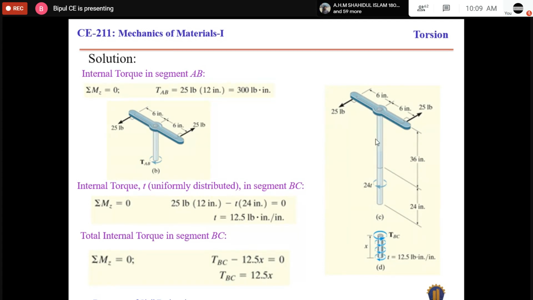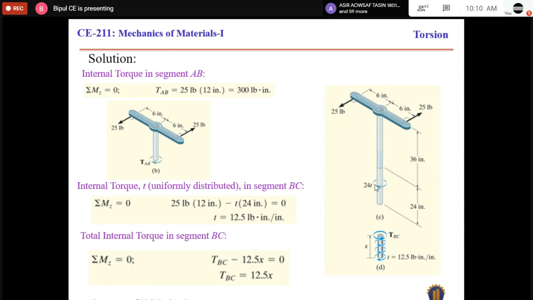If we consider the free body diagram of the whole assembly, the post with the torque wrench, it will be similar to figure C. Here this is the applied torque, and the buried length is 24 inches. If we assume a uniformly distributed torque t, the total torque in this length will be 24 t, and it will be anti-clockwise.